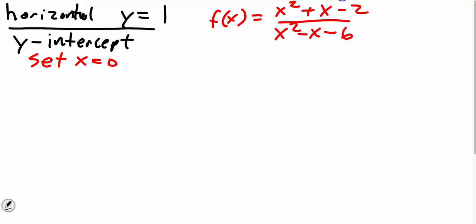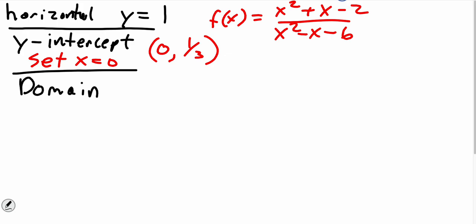I just get -2 over -6 after all the x's become zeros. So y-intercept is a point. When x is 0, y is 1/3. So far, so good. Okay, next we'll do the domain.